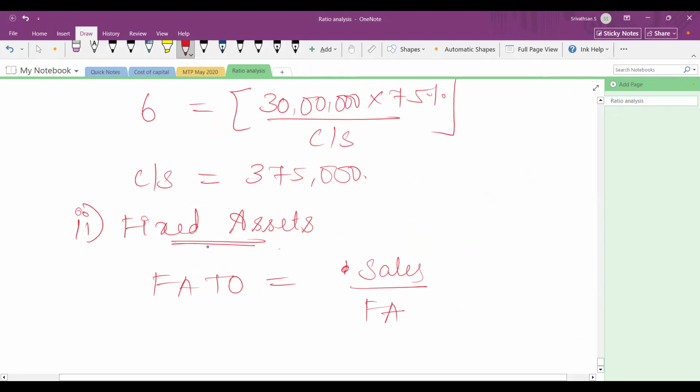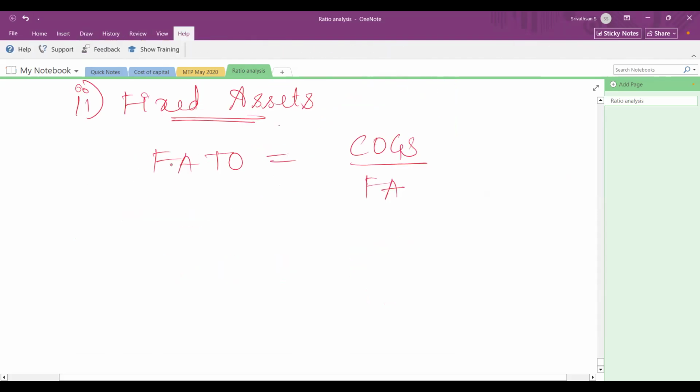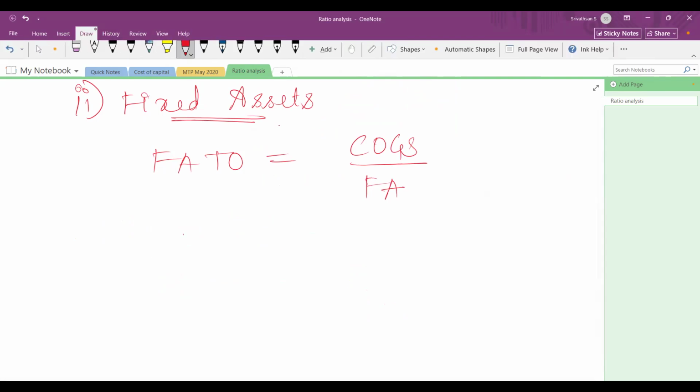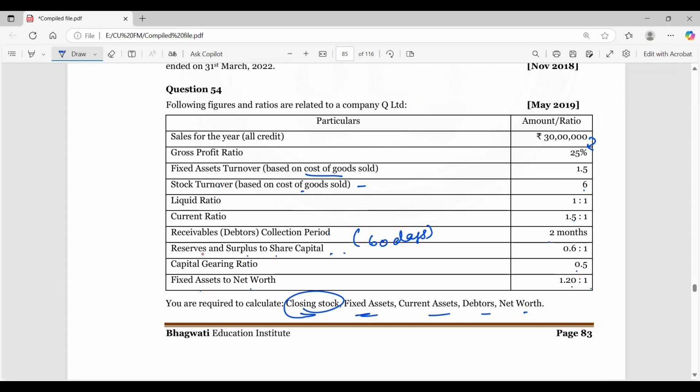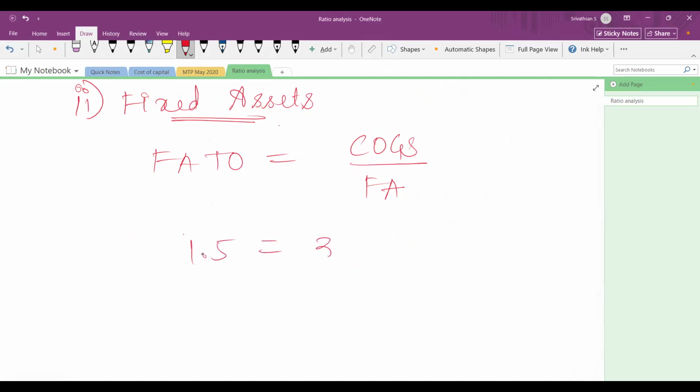Oh, sorry, it is calculated on COGS. Well, in this question, it is COGS by fixed asset. So, what is the amount of fixed asset? You tell the numbers. Fixed asset turnover is 1.5. COGS is 22 lakh 50,000 by fixed asset. So, it is 1 lakh 50,000. Sorry, 15 lakh.